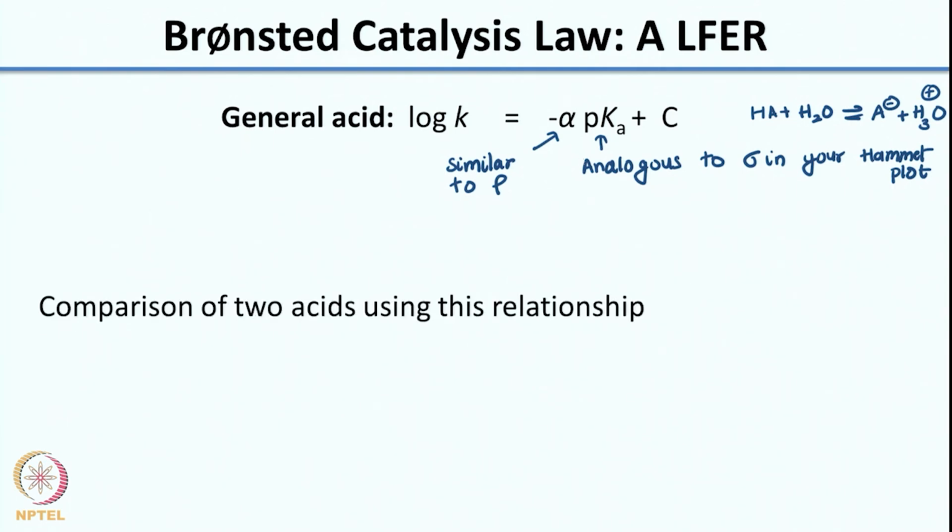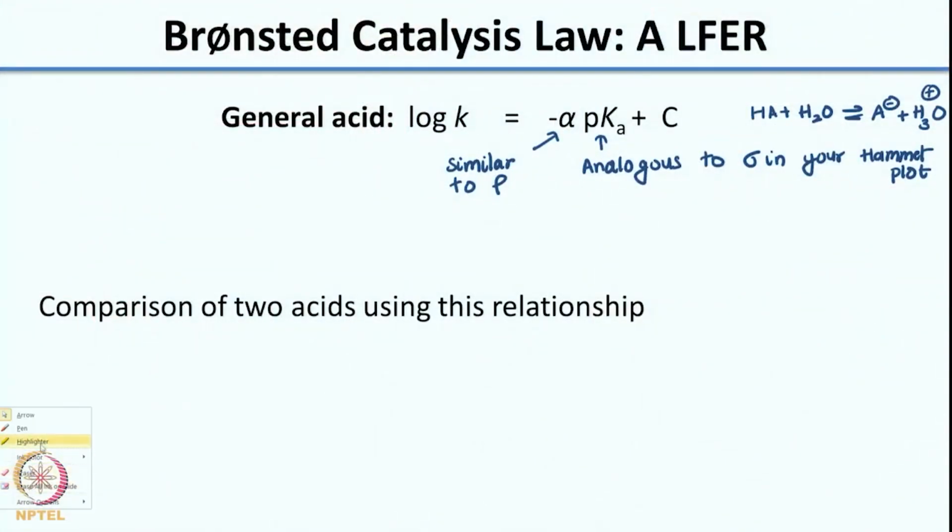Now you can even compare two acids using this relationship. As you know, you can correlate the k value with the delta G, right. So, this is similar to a linear free energy relationship.